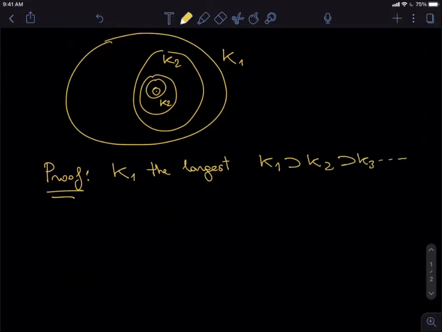Let's proceed by contradiction. Let's assume that the intersection of the K_n from 1 to infinity is actually empty.